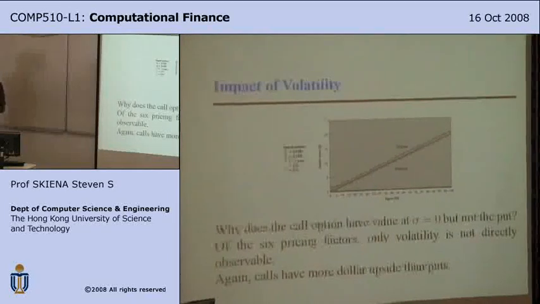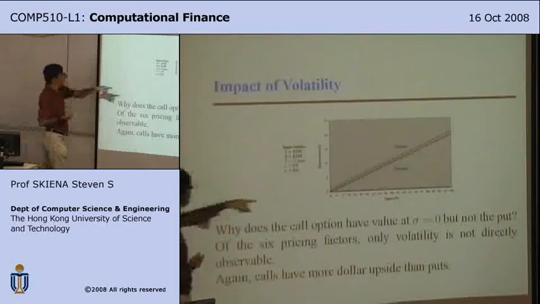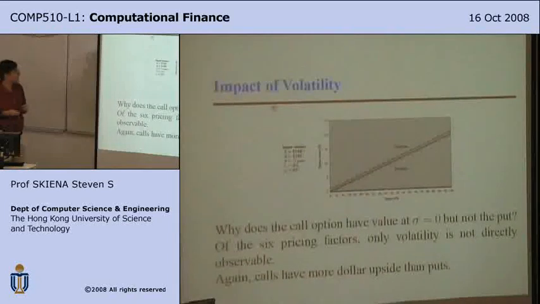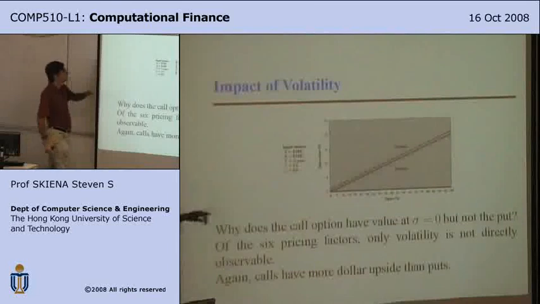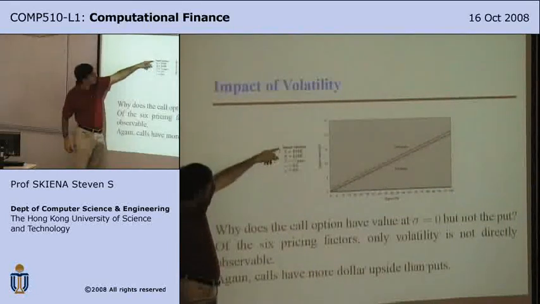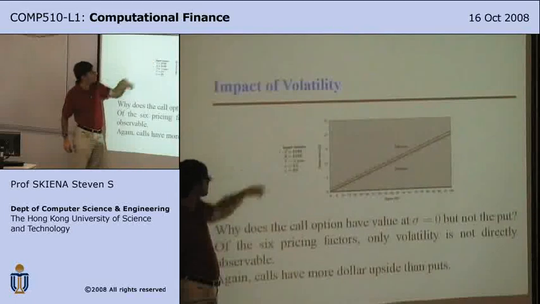Let's think about the effect of volatility on an option price. The x-axis here is the annual volatility rate. Suppose again we have a world where the current price is 100 and the strike price is 100.